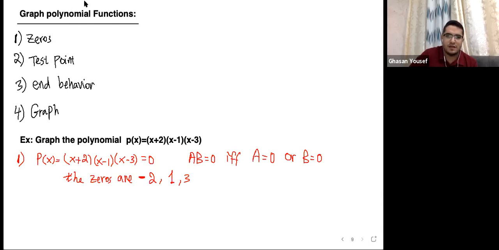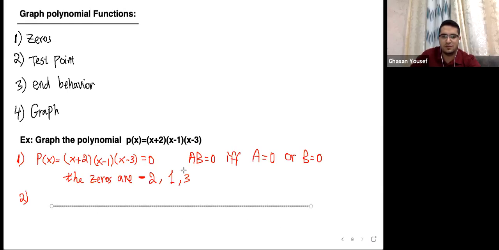Second step, test point. For the second part, number 2, we have to graph the real line. Here's my real line.